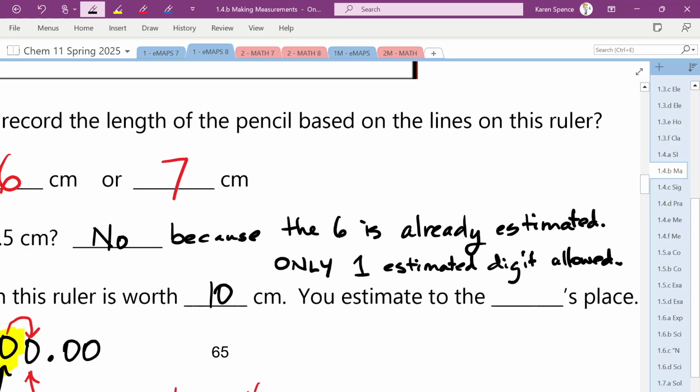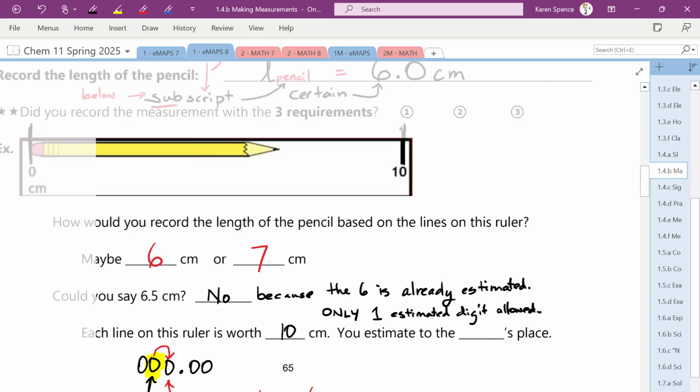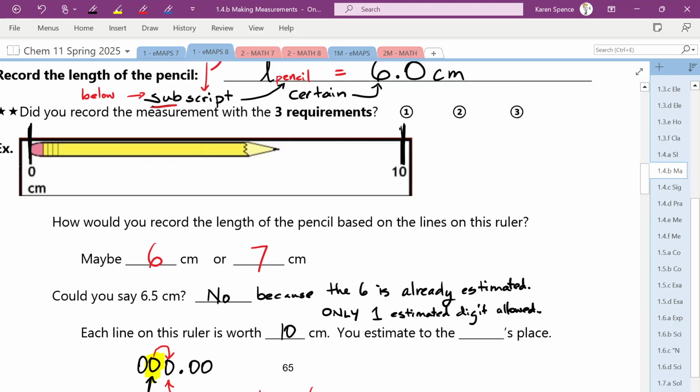Okay, so no, we can't do 6.5, we can't do 7.5, it has to be 6 or 7. You could even say 8. I might say you're crazy, that's not 8, but you would be technically correct, okay? I might be like, no, that's a little bit too far off. You might lose that mark for not making a good guess as to what the measurement is. All right, but you would be correct in terms of the number of digits you've recorded.